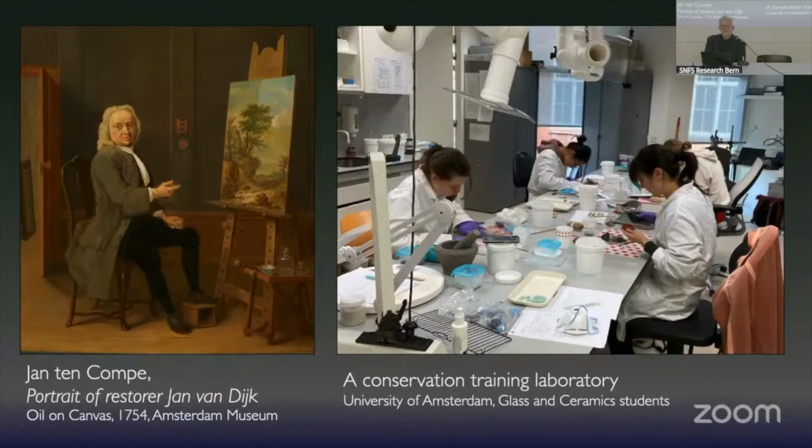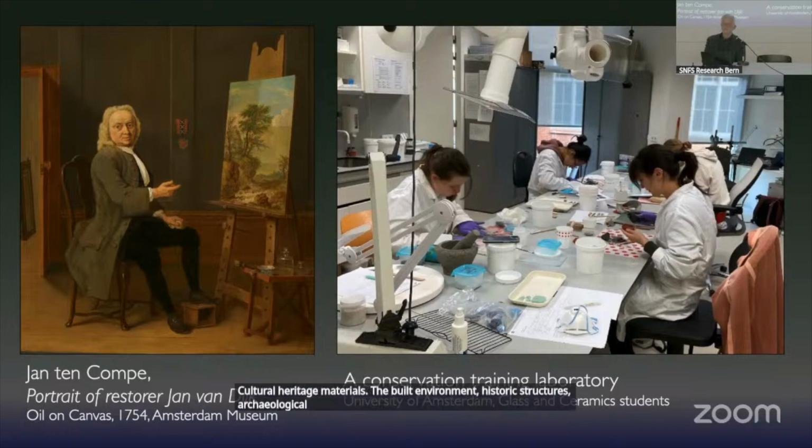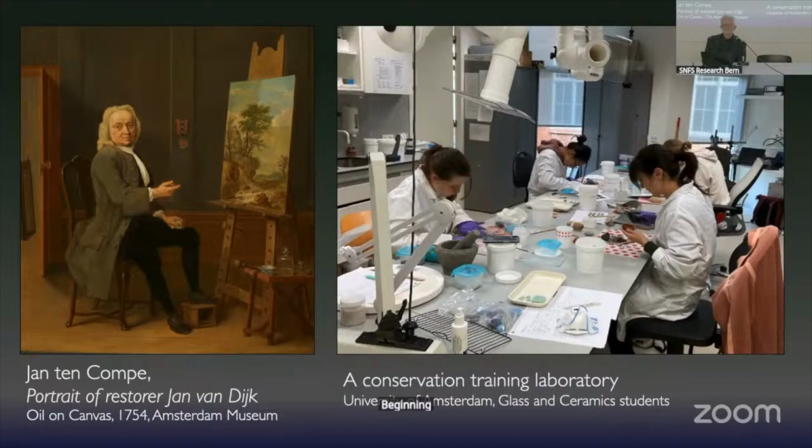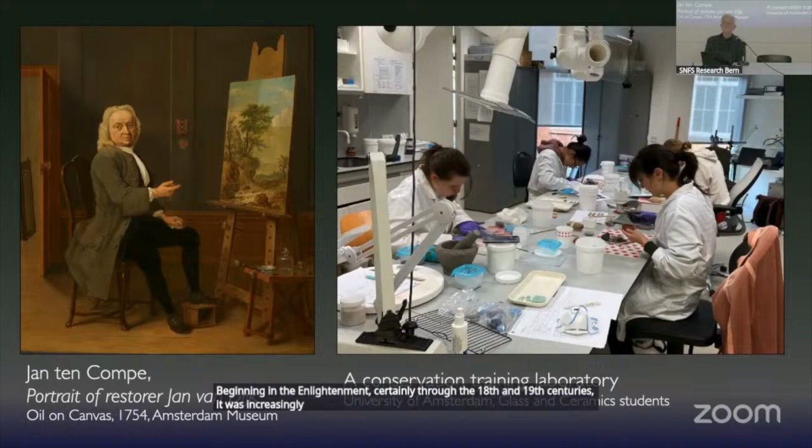The field of cultural heritage conservation covers fine arts, cultural heritage materials, the built environment, historic structures, archaeological sites, and more recently, we're including intangible cultural heritage, and I'll get to that as well. Beginning in the Enlightenment, certainly through the 18th and 19th centuries, it was increasingly framed as a science.